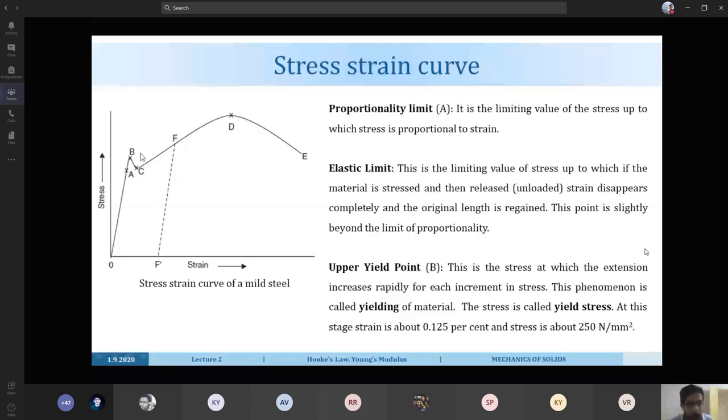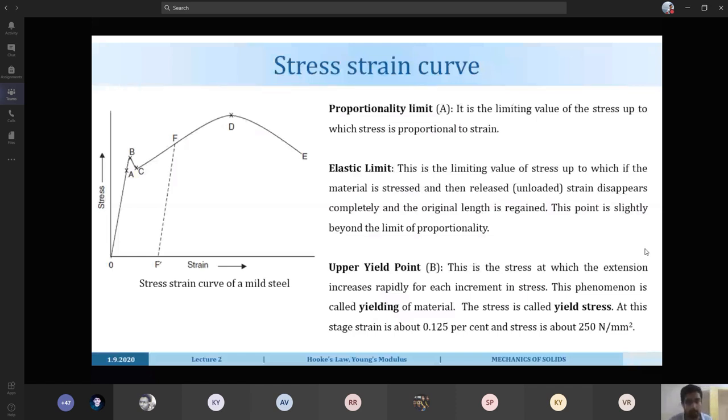Now let's go back to the point B, which is defined as the yield point. This is the stress at which the extension increases rapidly for each increment in stress. Up to the proportionality limit, everything is fine: when we apply load, there is a corresponding increase in the strain. But after the point A, when you apply some load, there will be a rapid increase in the deformation.